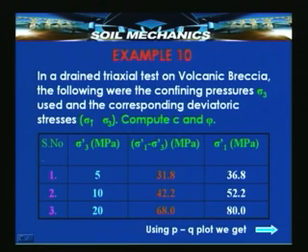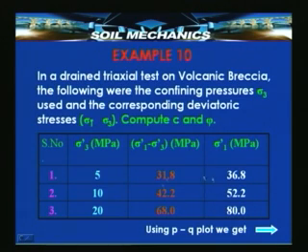So, in a drained triaxial test on a volcanic breccia, we get values of sigma 3 and deviatoric stresses sigma 1 minus sigma 3, which are much higher than what are usually obtained in the case of soils. So, if sigma 3 dash is 5, 10 and 20 megapascals, deviatoric stresses are 31.8, 42.2 and 68 megapascals, then sigma 1 dash will be 36.8, 52.2 and 80 megapascals.